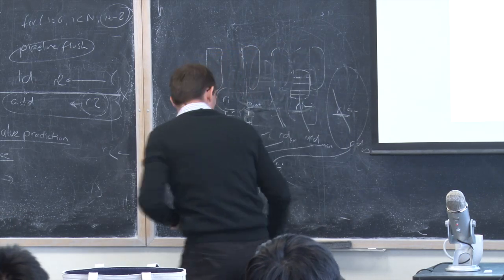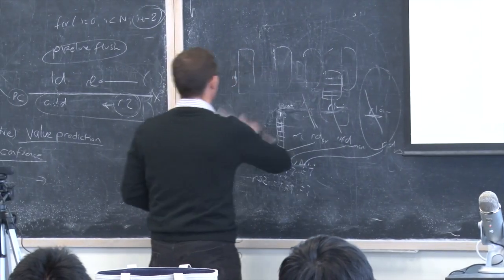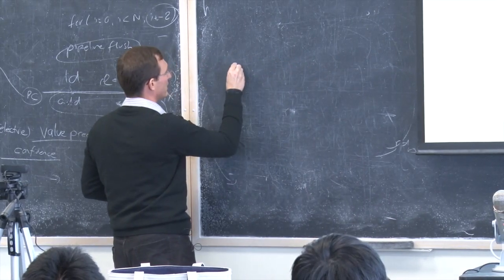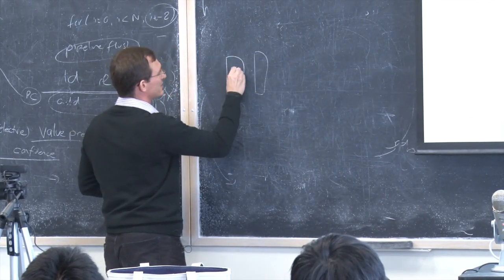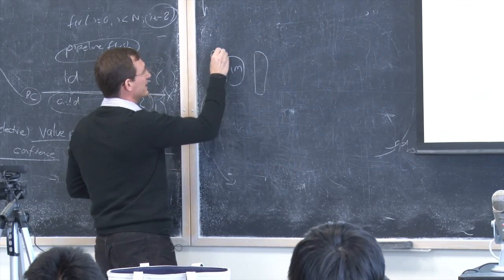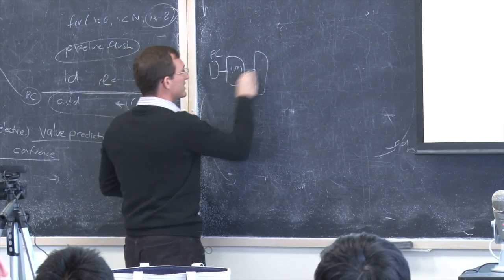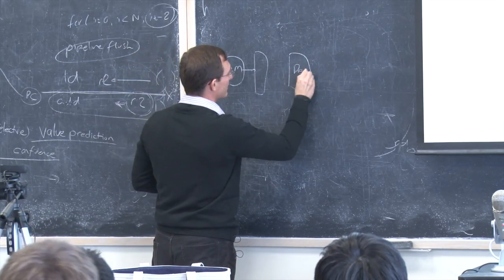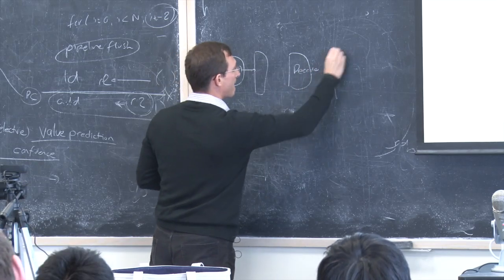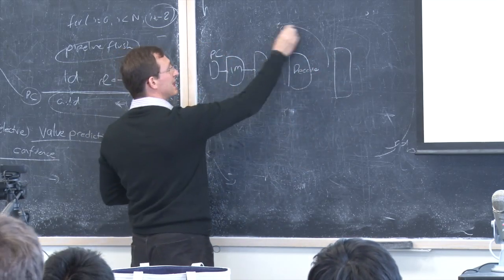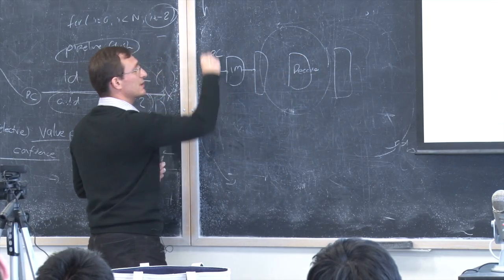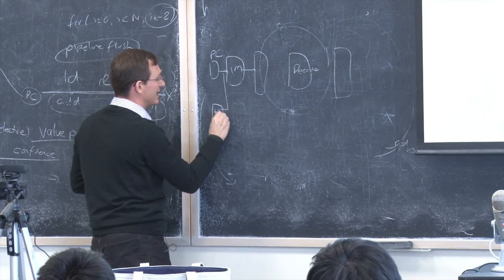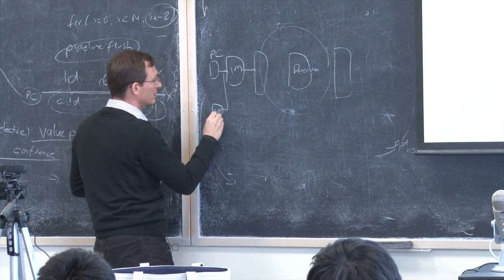Because when you fetch this instruction, this is the fetch stage. You have the instruction memory or instruction cache, and you have the program counter. Let's say you fetch this instruction. Instruction moves to this stage. This is the decode stage. In the next cycle, while this instruction is being decoded, you'd better be fetching from the next program counter. So you should have some logic that says PC plus X. Let's say plus 4.